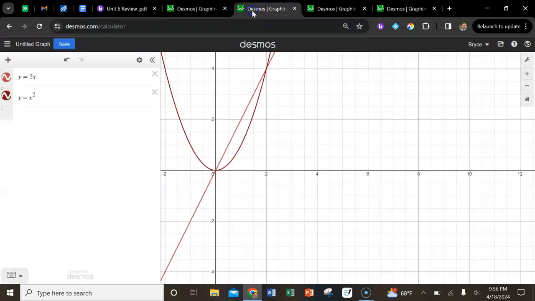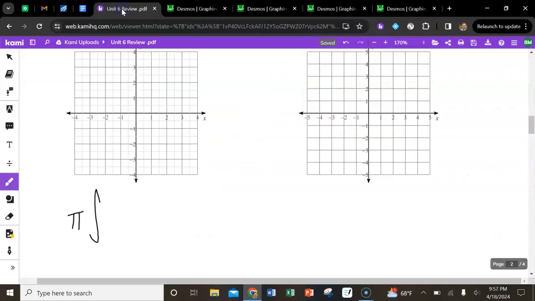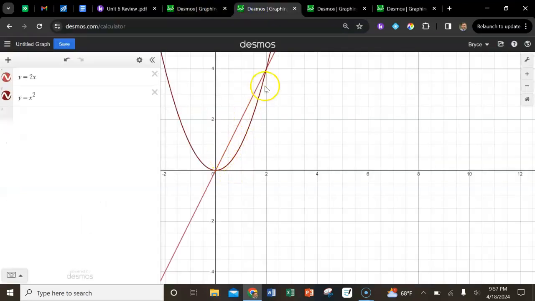I'm going to go back to my graph here. If my rectangles are standing up like we had there, then that means that we're stacking them horizontally. So we're going to stack them from 0 to 2 here, right? So in this case, with the washer, we're going to go 0 to 2. The outside radius was the function on top.